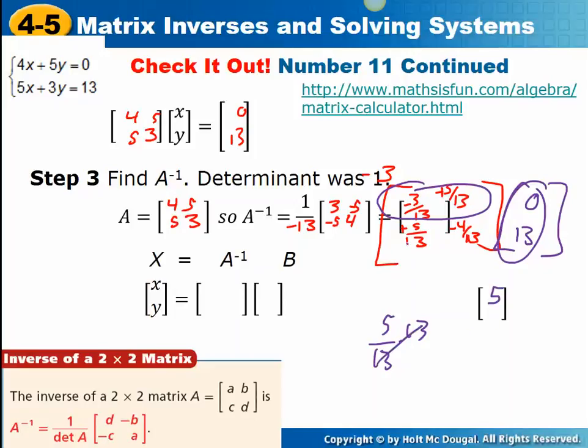I have a lot of 5s. And then I would move down to the second row. So 5/13 times 0 is 0 plus -4/13 times 13 is -4. So yes, this one is easier to do without the matrix calculator because it's only a 2 by 2 by a 2 by 1, which is not a hard matrix multiplication calculation to do.